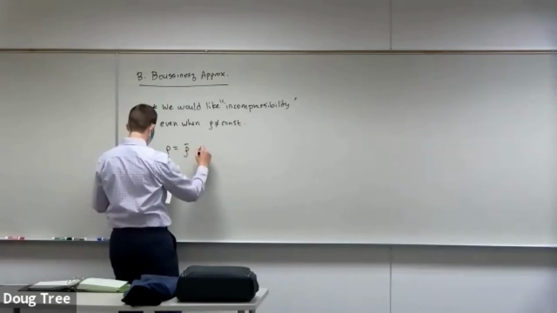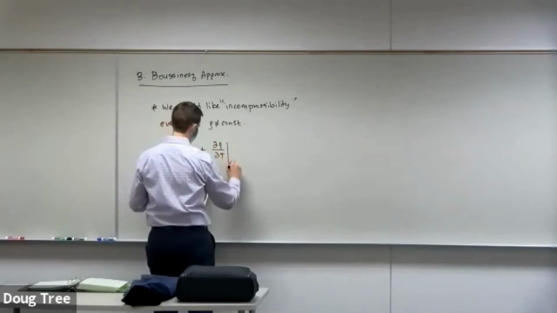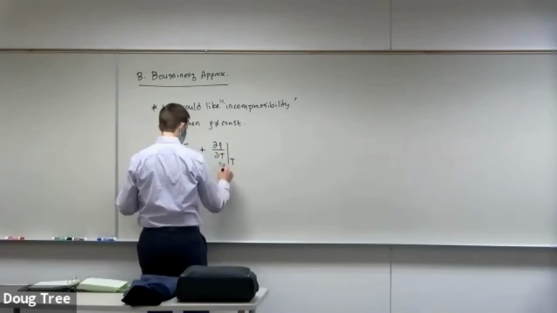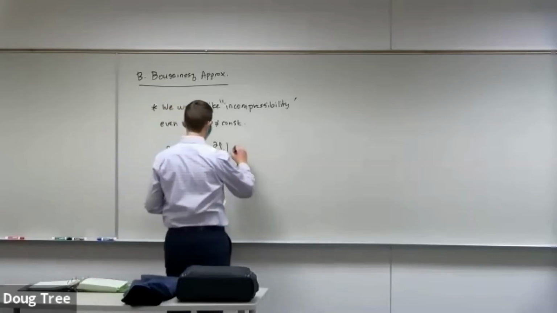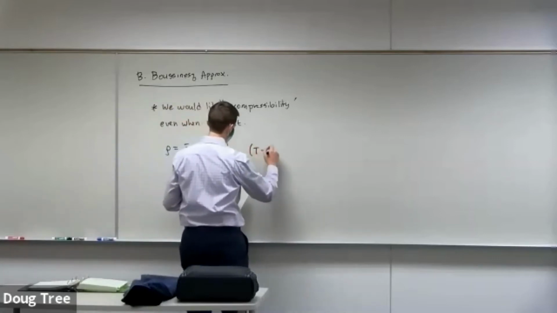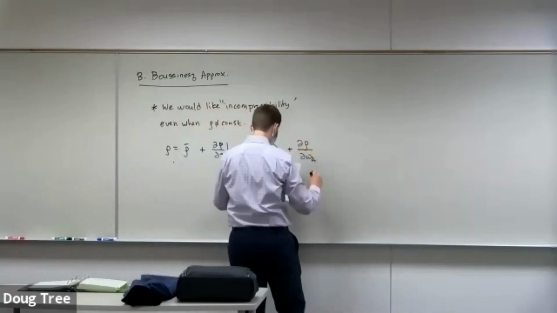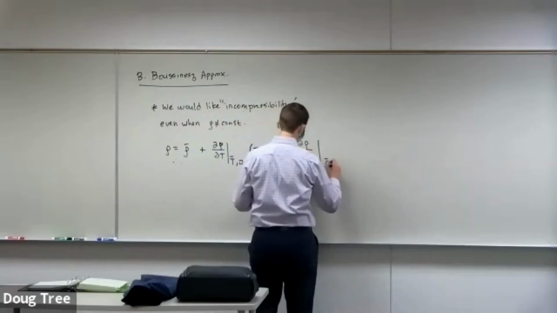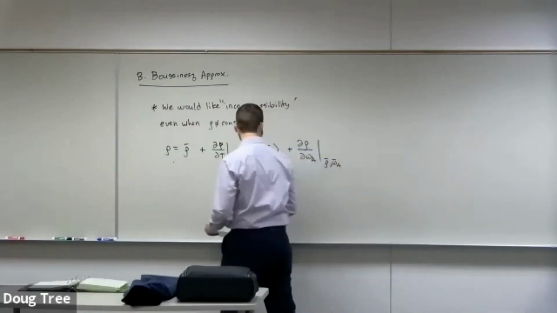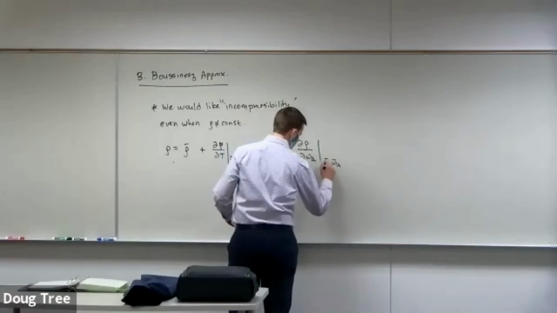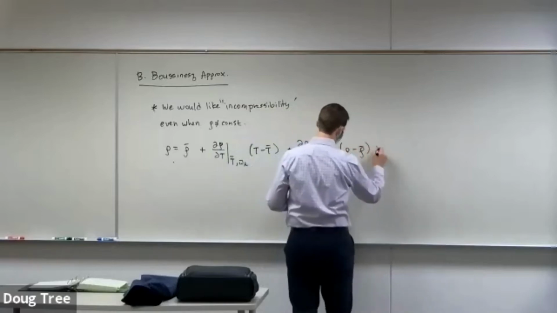So we're going to do rho is rho average plus d rho dT evaluated at T bar and the average WA, multiplied by T minus T bar, plus d rho dWA evaluated at rho bar, WA bar, multiplied by WA minus WA bar, plus higher order terms.